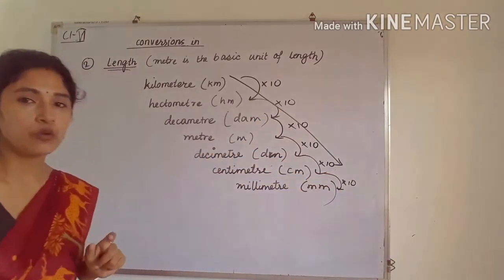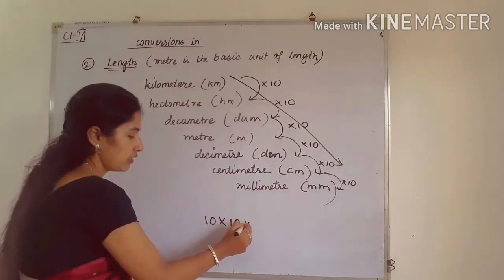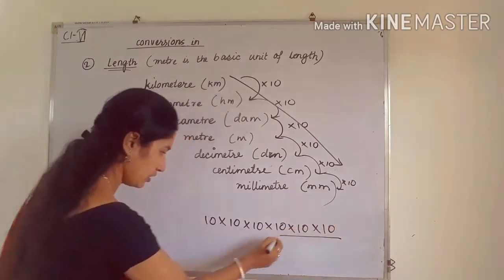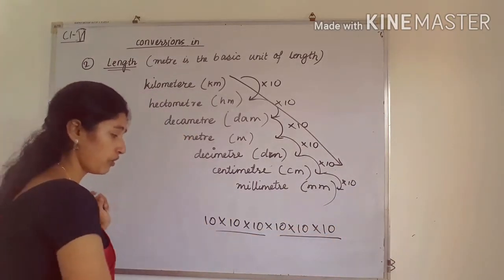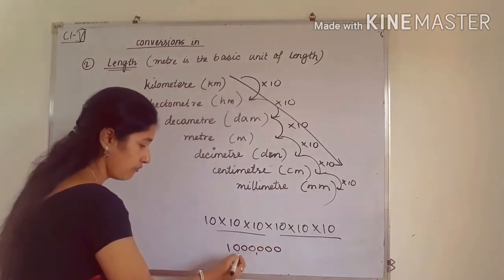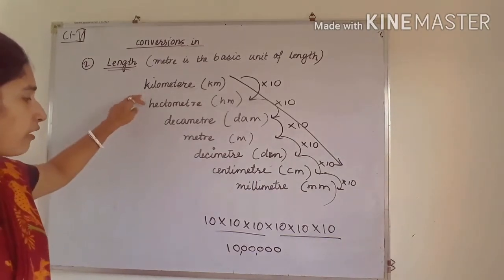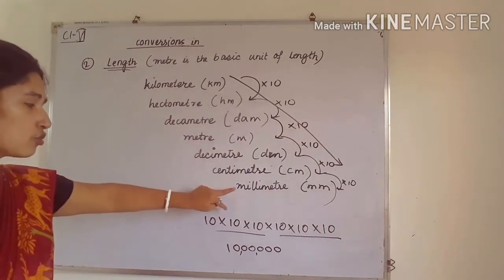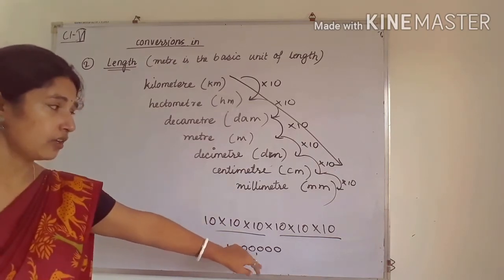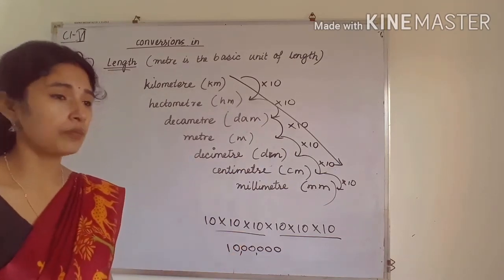That means 10 into 10 into 10 into 10 into 10 into 10. So there are a total of 6 tens. So after one you have to put 6 zeros. So what is the answer? If 2 kilometer is given and I want to convert it into millimeter, you multiply 2 with 10 lakh. So 2 into 10 lakh will be 20 lakh millimeter.